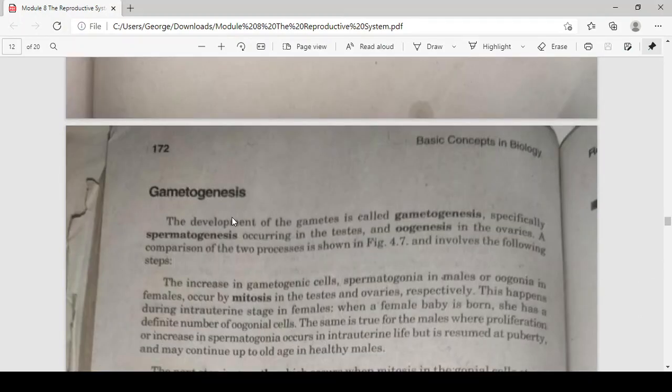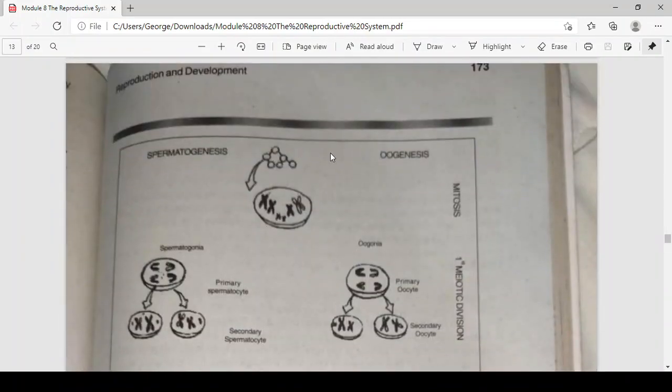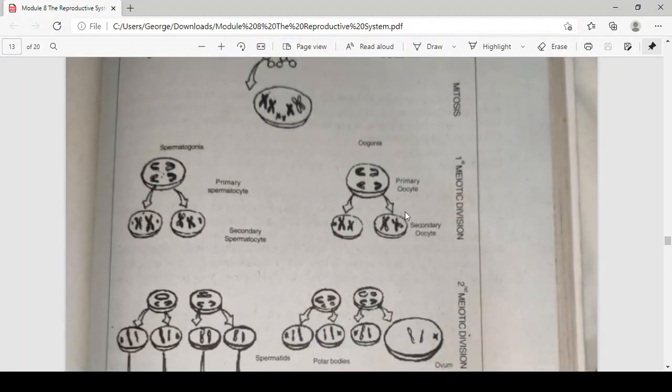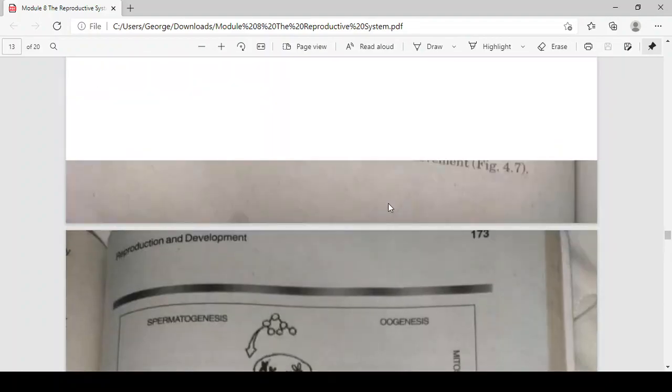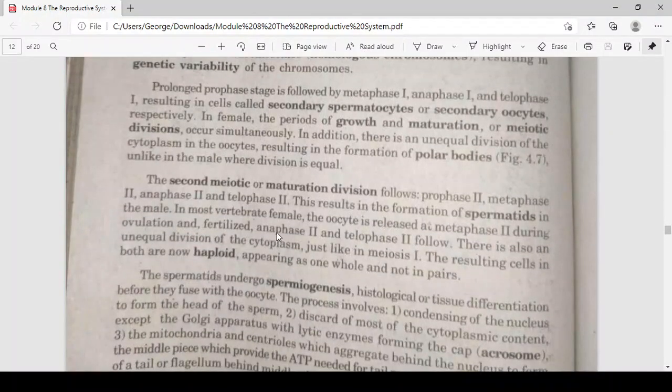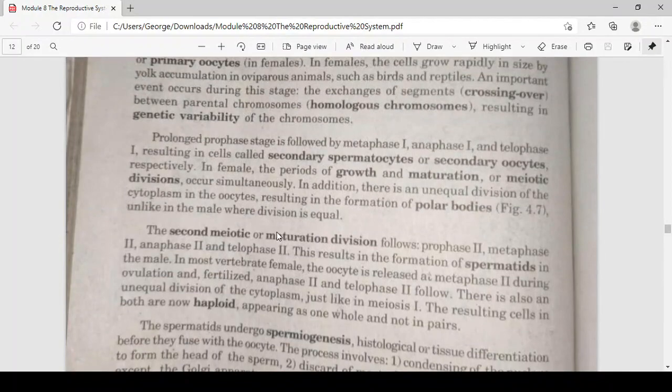So next, kids, we have your gametogenesis. Tandaan nyo, gametogenesis is the development of your gametes, specifically spermatogenesis occurring in the testes and oogenesis in the ovaries. A comparison of the two processes is shown in figure 4.7, comparison of your sperm and your eggs. Kids, hindi nyo kailangan tandaan ang iban, such as your meiotic stages and the growth of your sperm.